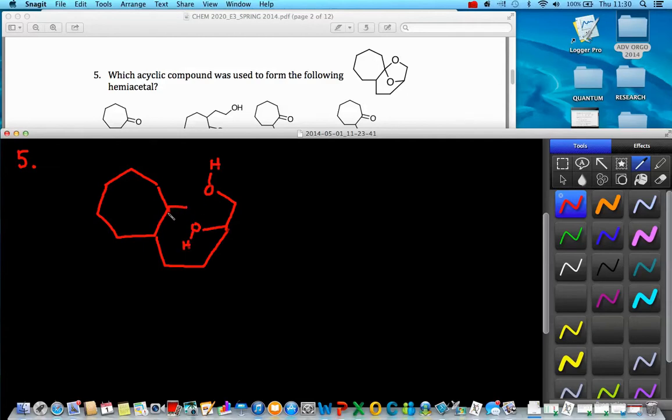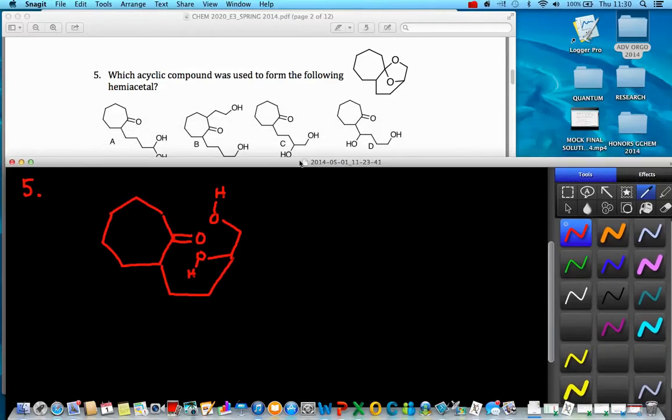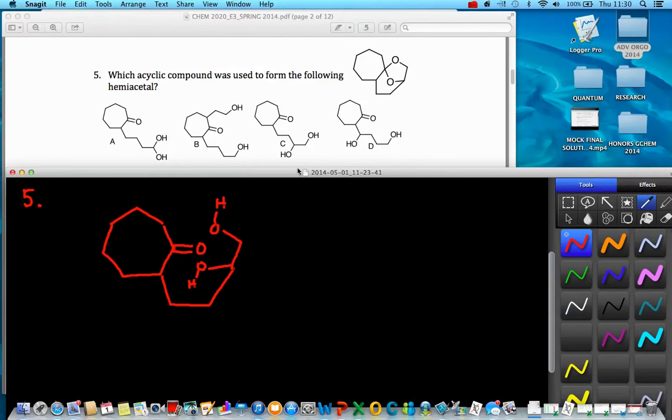And of course this originally was a carbonyl. And so notice, let's count the carbons. We have 1, 2, 3, 4 alkyl. If we look at A, we got 1, 2, 3, 4, 1, 2, 3, 4, 1, 2, 3, 4. All those check out.